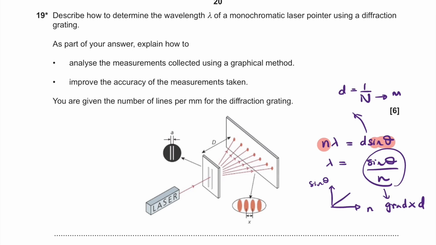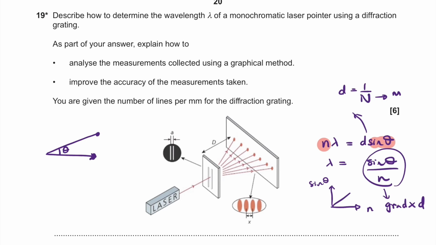Now let's talk about the measurements we have to consider. We would have to work out the value of sine theta. Now, what is theta? Theta is essentially the angle between the central maxima, so that is hitting straight across the screen, and the first order maxima. Let's say, for example, this is a first order maxima, and this is the central maxima, and this is the value of theta.